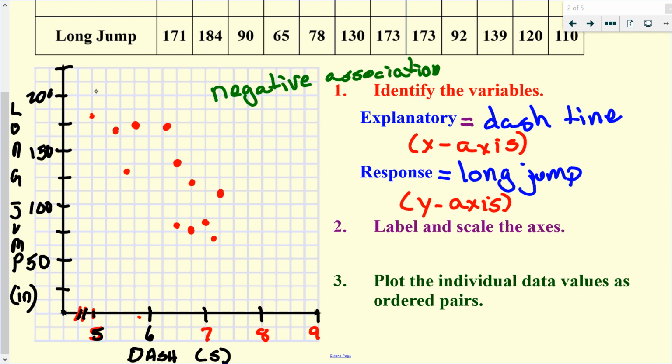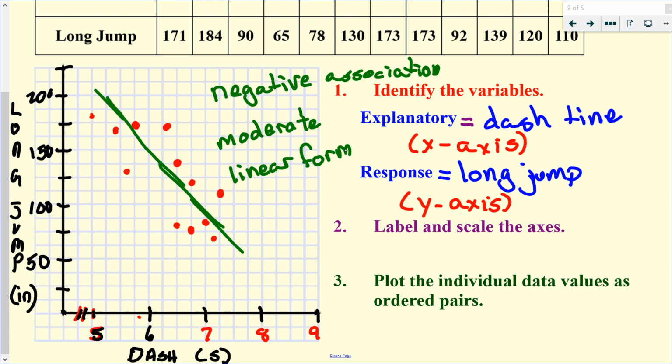If we were to sketch our line through it, just because we can, we can see it does really start to follow that linear shape, but I don't think it is very strong. The points are pretty spread out. So we're going to call this one a moderate. It's a moderate association, and it is definitely linear.